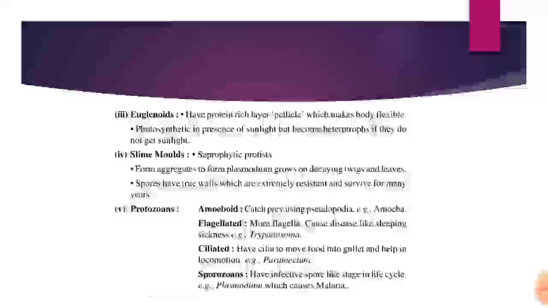For example, Trypanosoma is the flagellated protozoan which causes sleeping sickness. Ciliated protozoans have cilia to move food into the gullet and help in locomotion. For example, Paramecium. Sporozoans have an infective spore-like stage in the life cycle. Example, Plasmodium, which causes malaria.